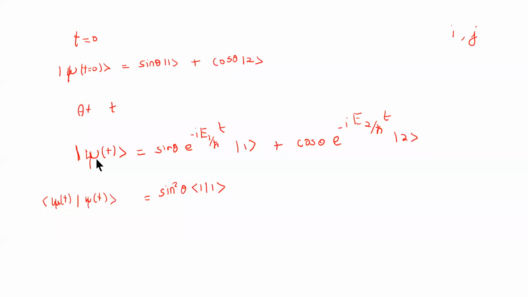When you multiply with its complex conjugate, so if this is psi of t, this psi of t is nothing but the complex conjugate, the exponential term will go off. That's why this exponential term goes off.